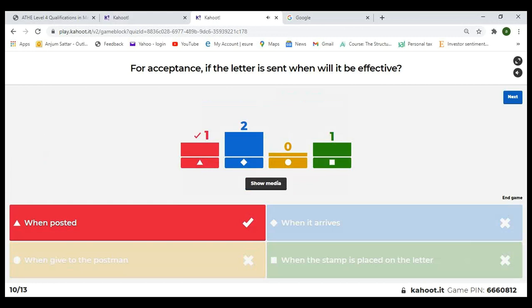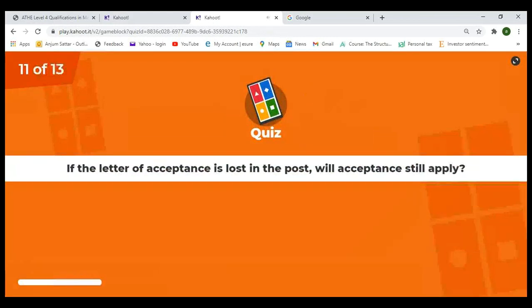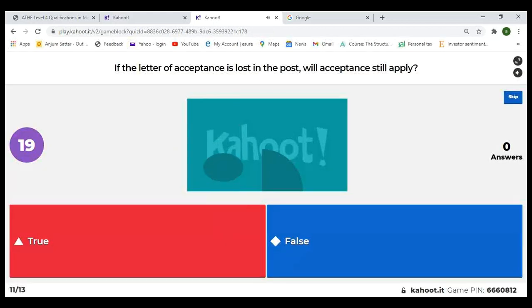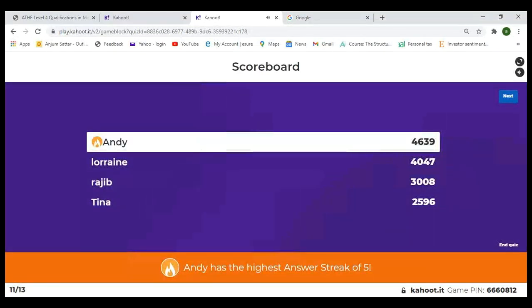When it's posted. True. Yeah, it's training. What do you reckon?